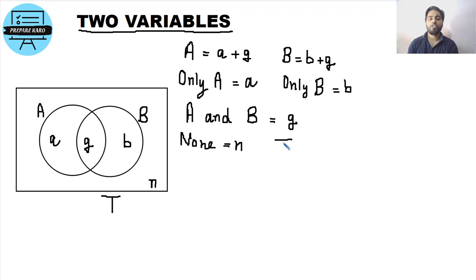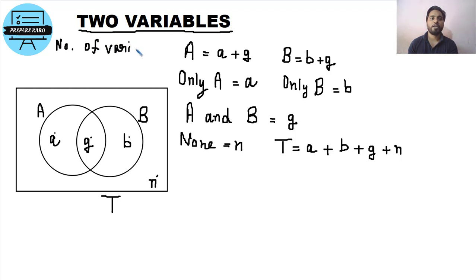What about total capital T? This is small a, small b, small g, and none. So if you look here, in total, the number of regions is 4: small a, small g, small b, and small n. Number of variables is 2, number of regions is 4, right?